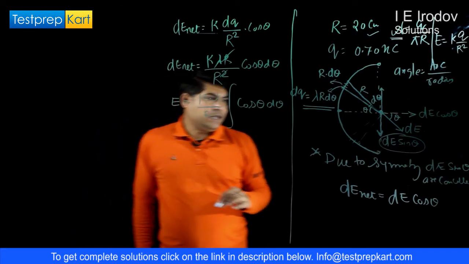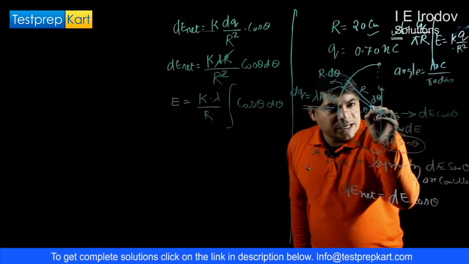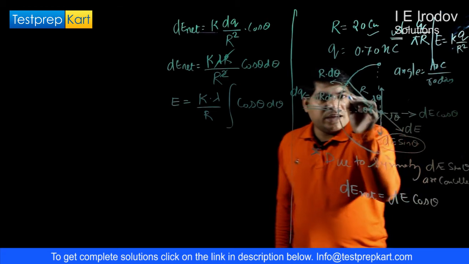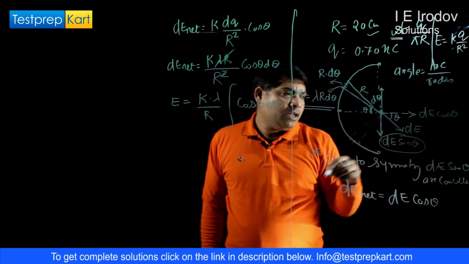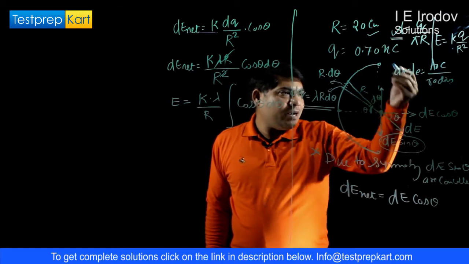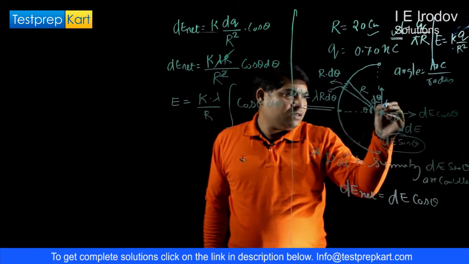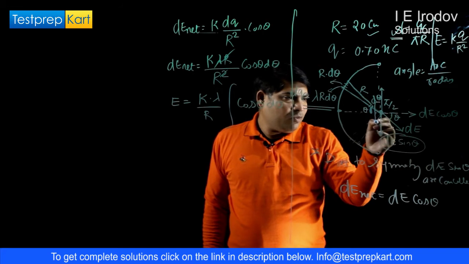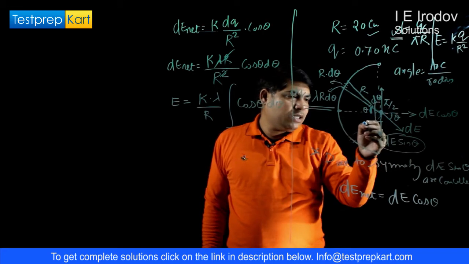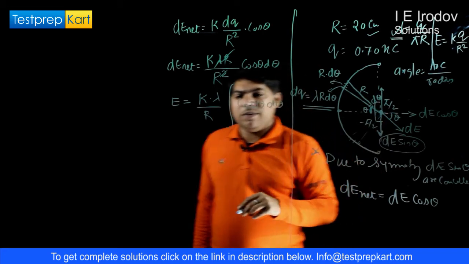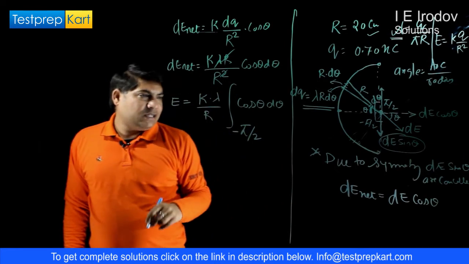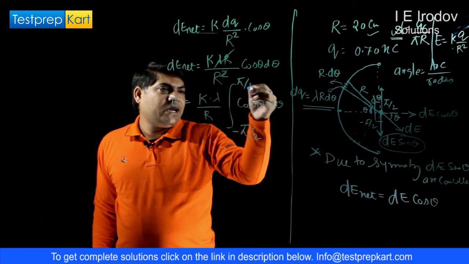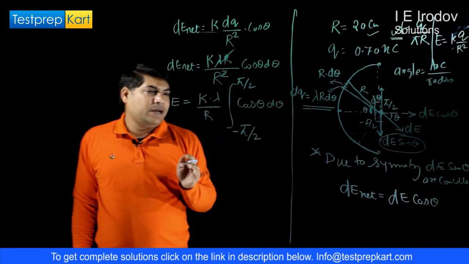Now see, this theta is the angle subtended by the line joining this component from the horizontal. If we move in the upper direction, the angle is pi by 2. If we move in the lower half portion, the angle is minus pi by 2. So to cover this entire length, our angle changes from minus pi by 2 to pi by 2.